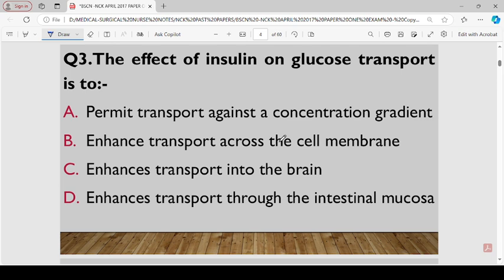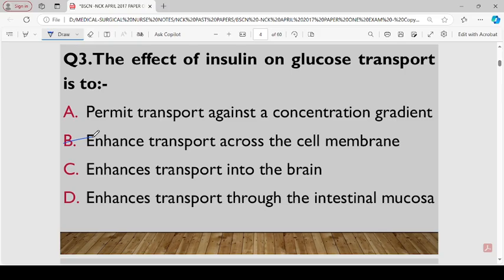So it enhances transport of glucose across the cell membrane, right? Remember, option A, glucose transport typically occurs down its concentration gradient, not against, right? Option C, glucose transported into the brain is normally facilitated by the GLUT1 transporters.